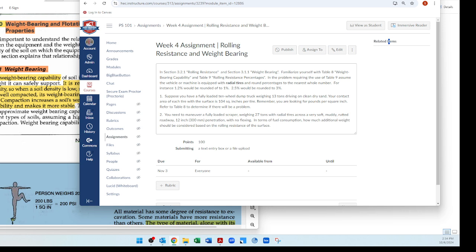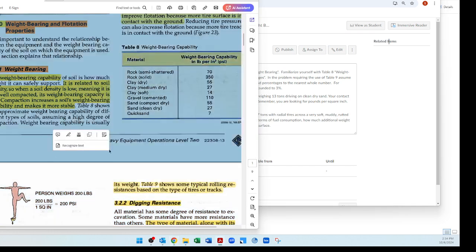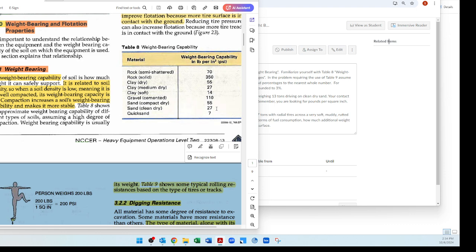So when we take 26,000 pounds and divide it by 1,040, because remember there's 10 wheels, we're going to get 25 pounds per square inch. Now, over here, it says the best I can do, guys, is 27.